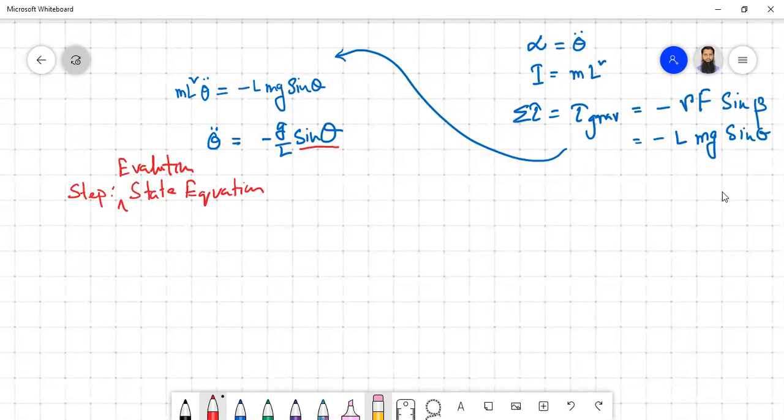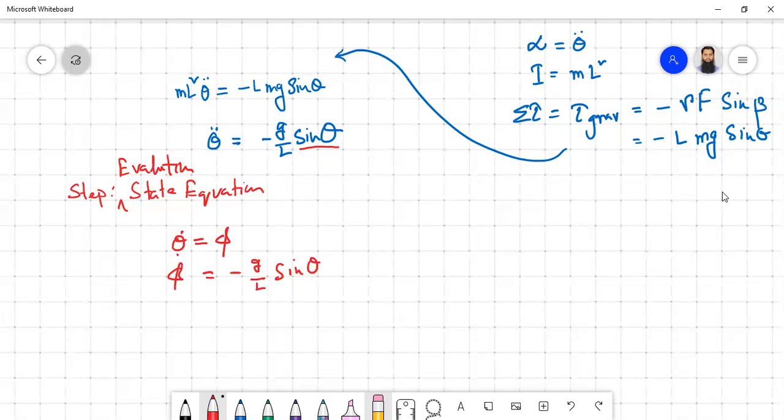What we can assume is theta dot can be phi, and phi dot, which is theta double dot basically, will be the rest of the parameters. So phi dot is minus g by L sine theta. Okay, so this is our system.